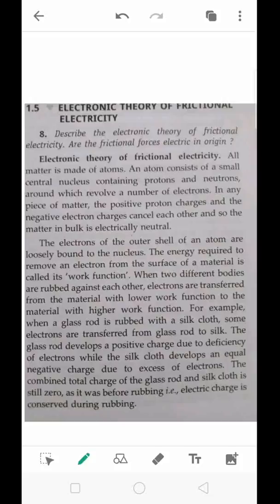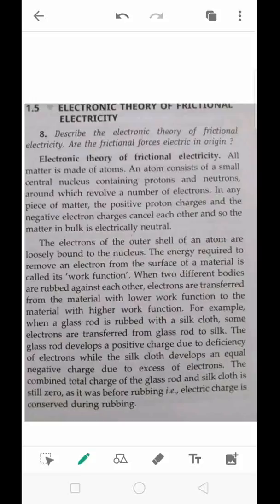In any piece of matter, the number of positively charged particles is equal to the number of negatively charged particles, and that is the reason why matter in bulk is considered to be electrically neutral. So the magnitude of charge on the electron and the magnitude of charge on the proton are both the same, right?